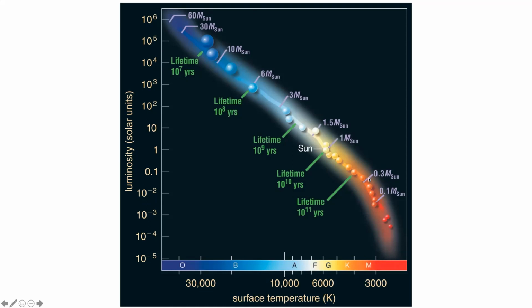On the other end of the spectrum, we have these redder, lower mass stars. Because they're so much lower in mass, the rate at which energy is produced is much lower, and so the energy output is less, and they don't have to get as hot to reach their balancing point.